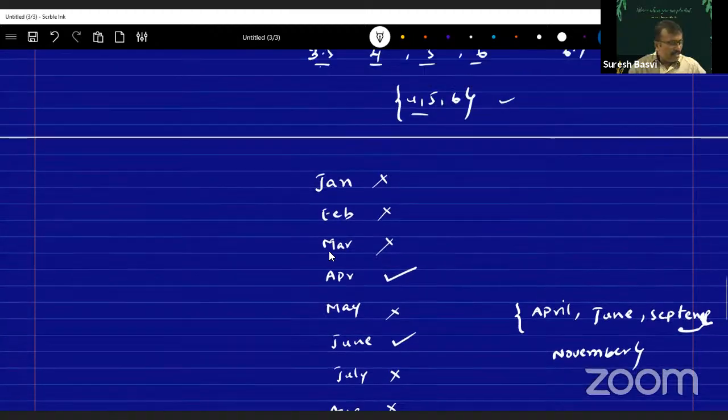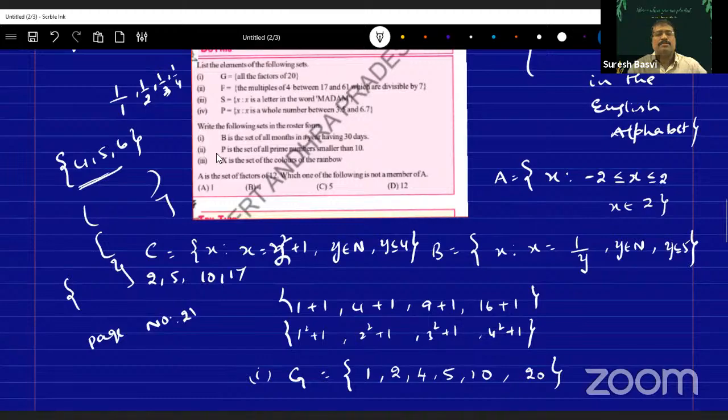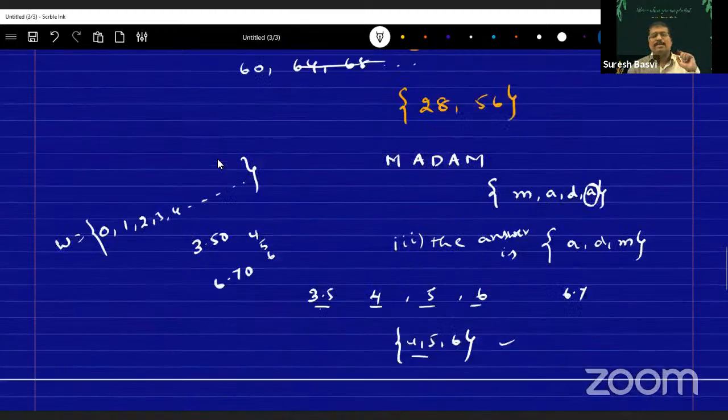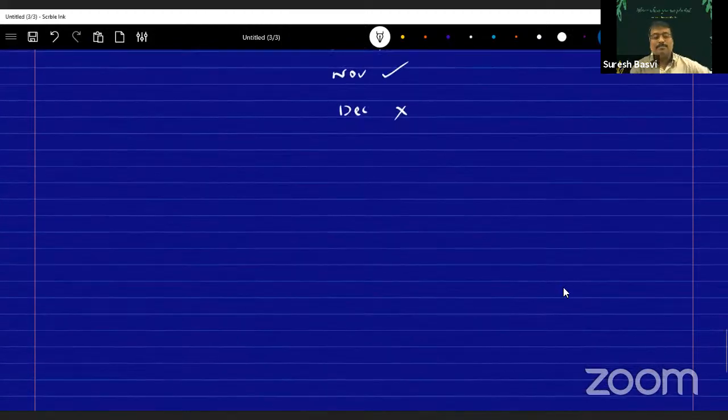Next, P is the set of all prime numbers smaller than 10. Prime numbers are numbers that have only one and itself as factors. The least prime number is 2, second 3, third 5, 7.